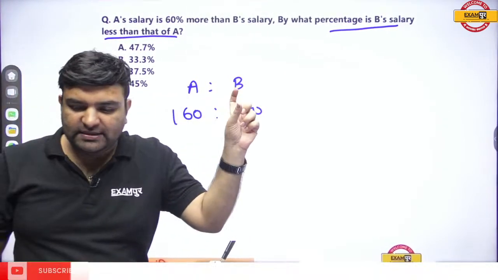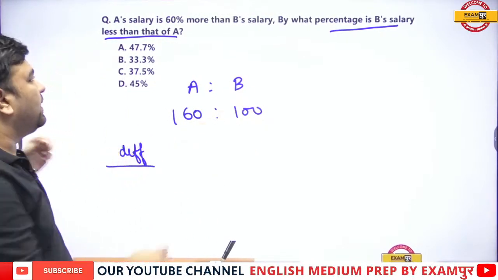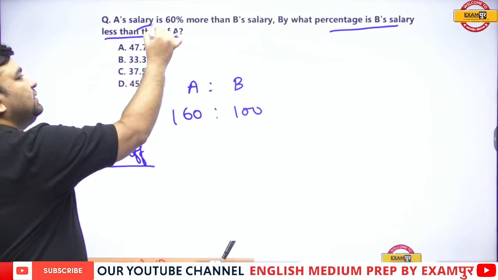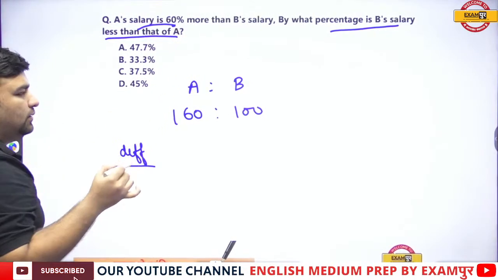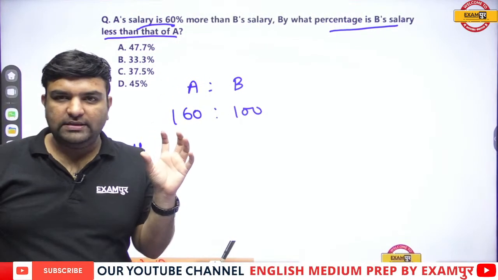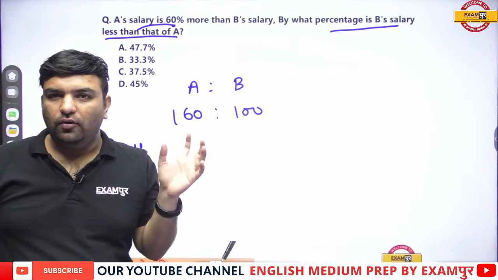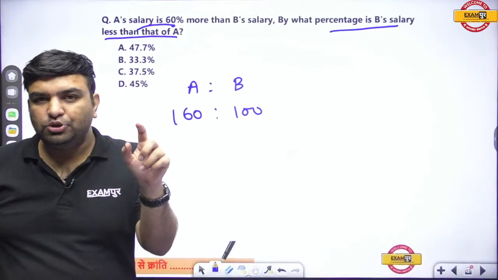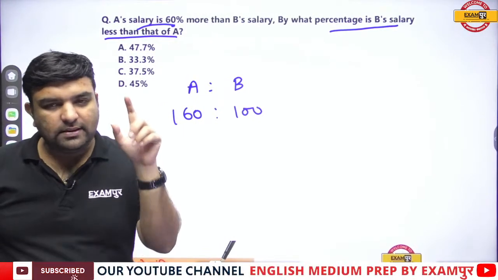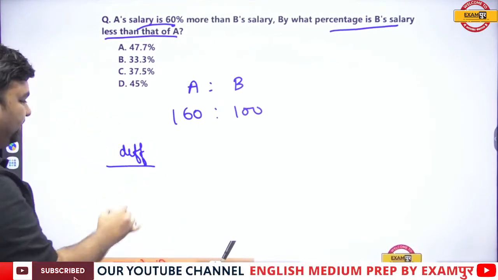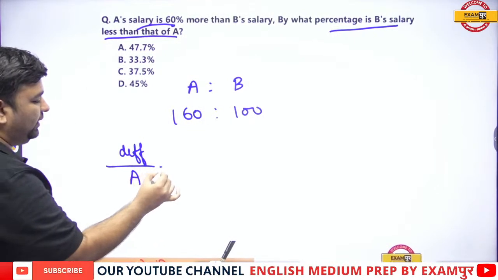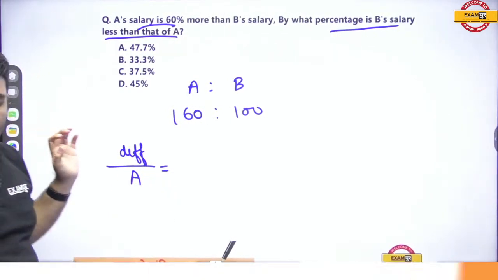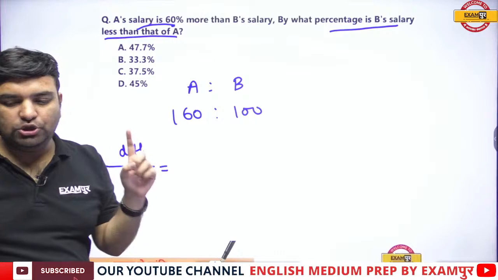Comparison has to be done with what is written after 'then'. What is written after 'then'? A. So this comparison needs to be done with A. So difference over A.